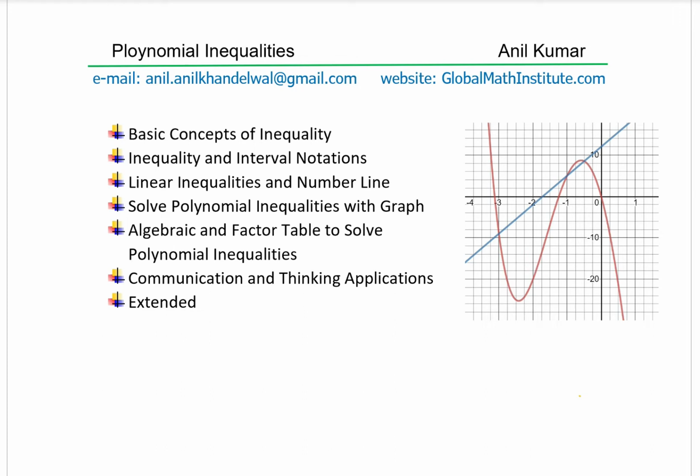To begin with, whenever you find a symbol which is kind of like this, or like this, or maybe a combination with equal to, but greater than or less than, we are talking about inequalities. Let's write down their meanings. This means less than. That means greater than.